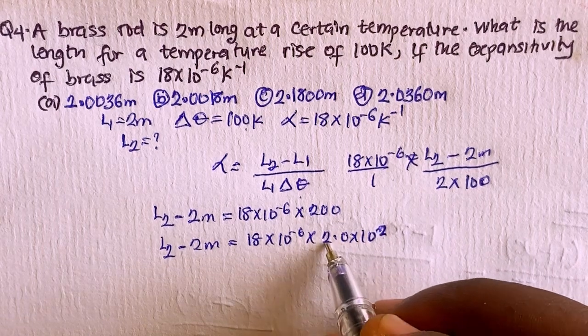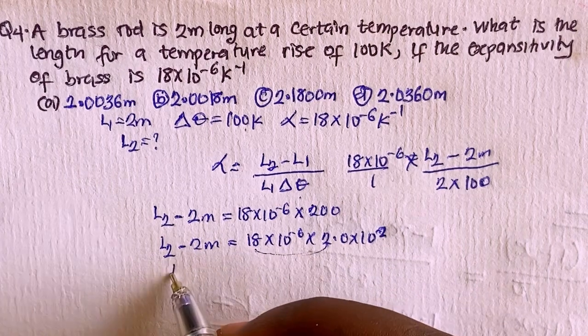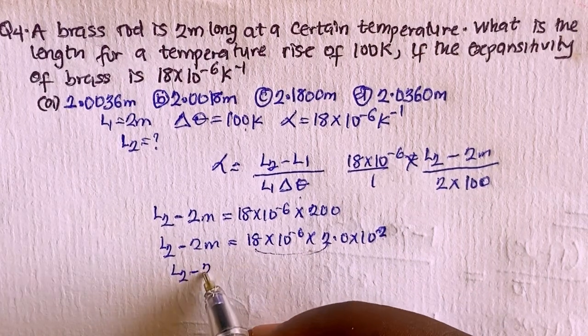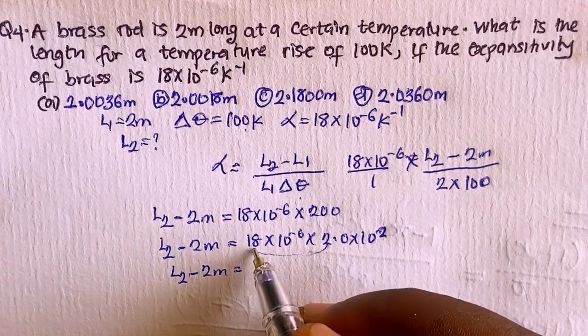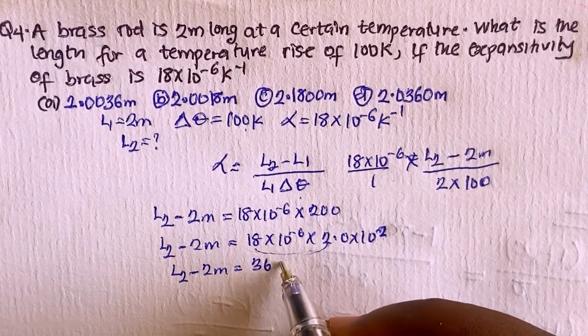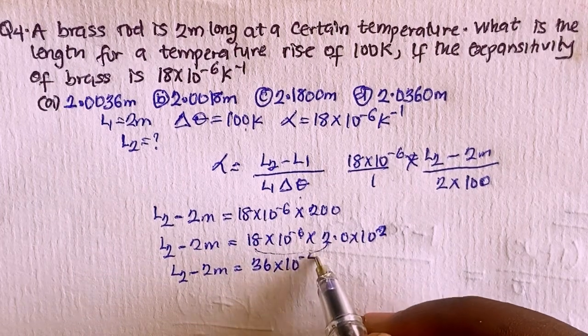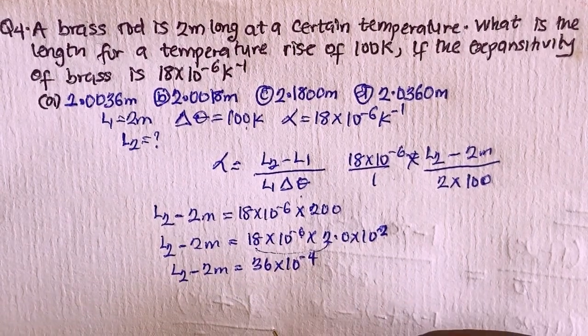Then I'm going to use this to multiply this, I'm going to have L2 minus 2 meter equal to, 18 multiplied by 2 is actually 36, so I'm going to have 36 multiplied by 10 raised to the power minus 4.